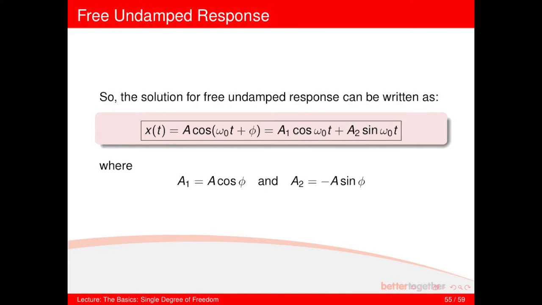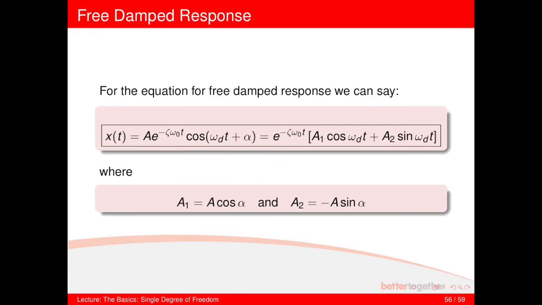And so the solution for the free undamped response, so this is the basic form, can be written like this, where A1 is A cosine of phi and A2 is minus A sine of phi. Similarly, for the damped response, we had this form of equation. So now we've got the exponential in here, the decaying exponential.